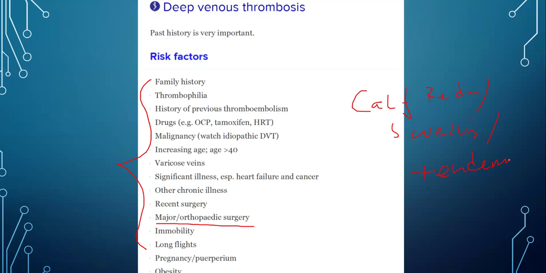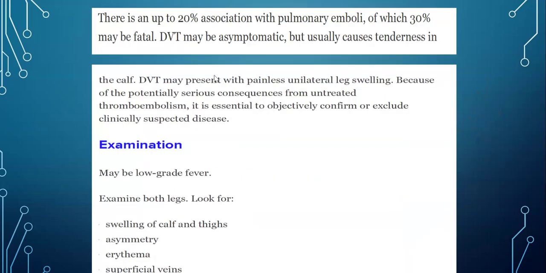So with sudden onset of pain, redness, swelling, you would think of the possibility of a DVT. Apart from that, you can also think of someone who has malignancy, or drugs such as HRT, tamoxifen, OCP, or a previous history of DVT. All of these can be risk factors.